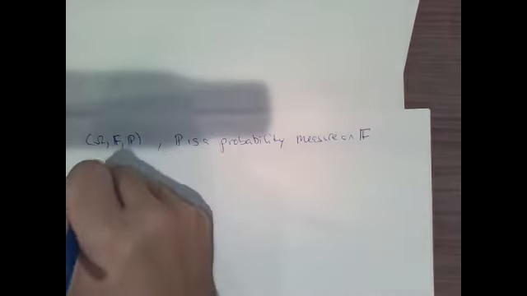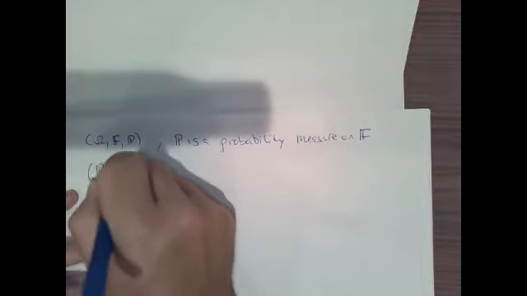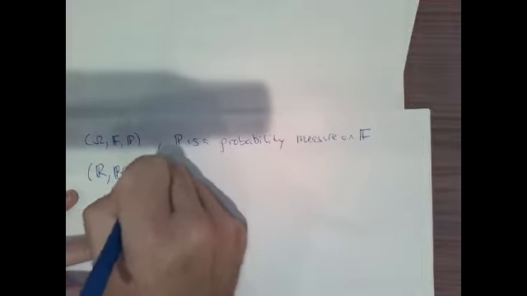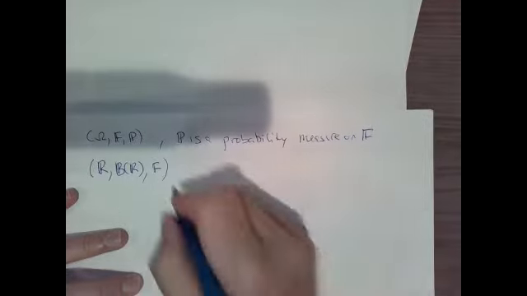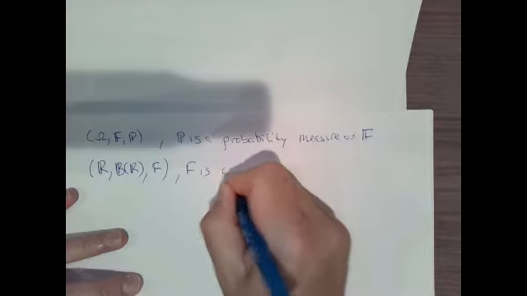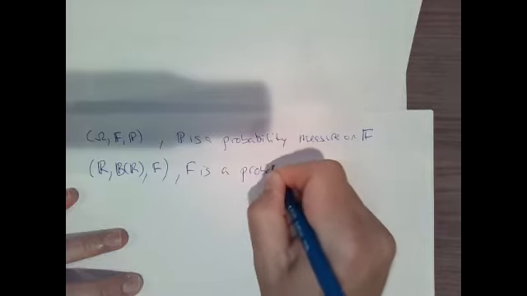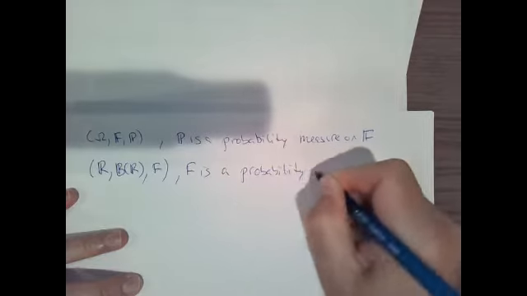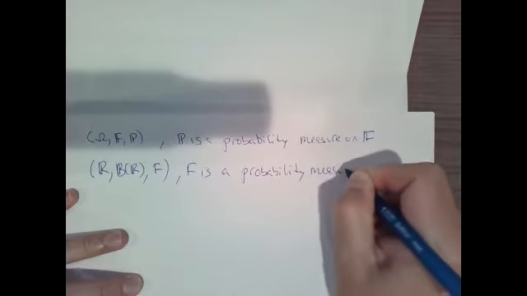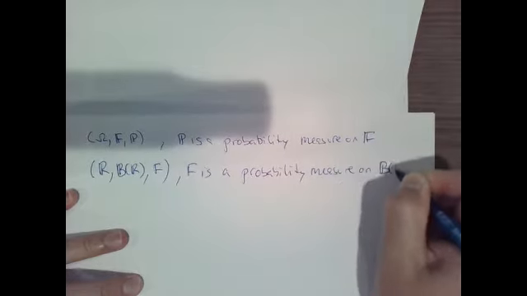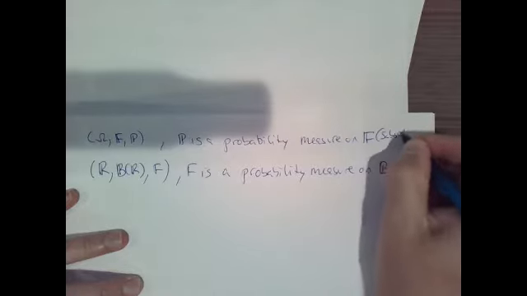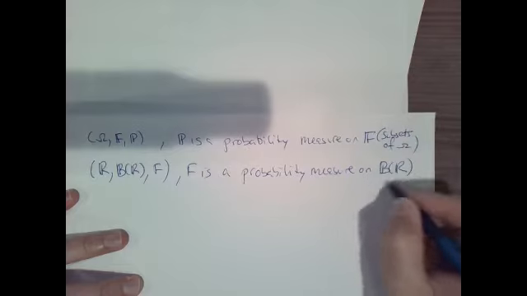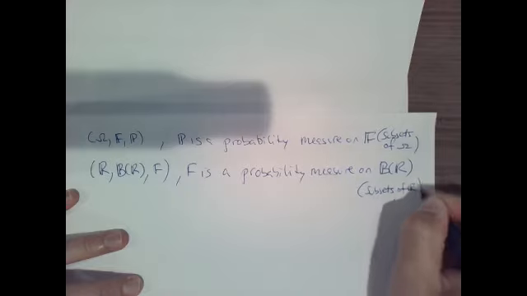We also have R, B of R, and F. And here F is a probability measure on B of R. These are subsets of omega. These are subsets of R.